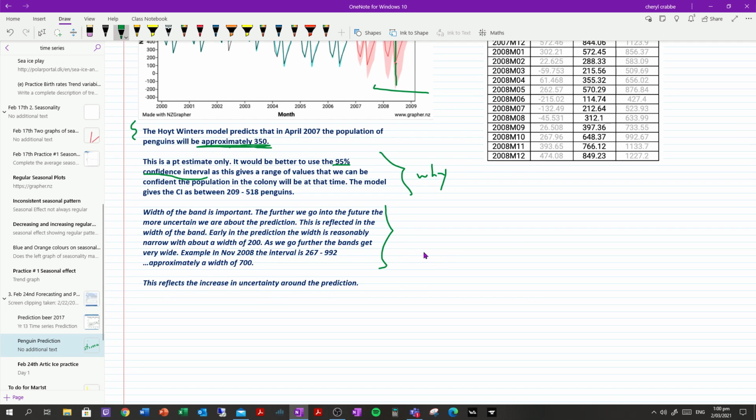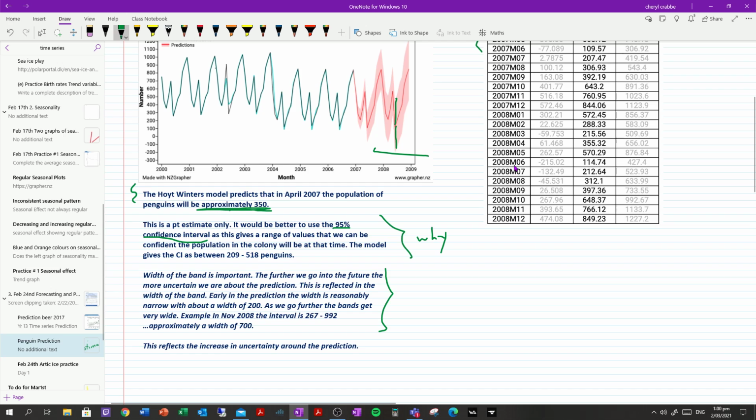Example, in November 2008: January, February, March, April, May, June, July, August, September, October, November, right here. You can see it goes from about 400 to about 1100, which is an increase. Oh, we did it wrong right here, sorry, my mistake. It's this interval here that they want us to look at, that they're talking about in the write-up right here.